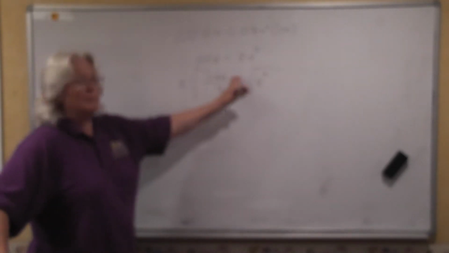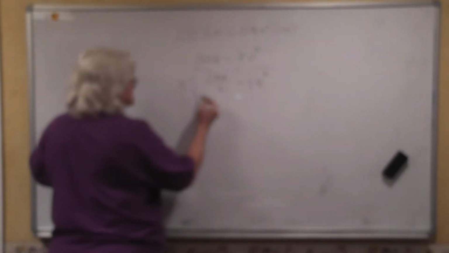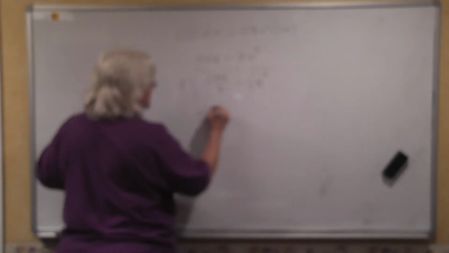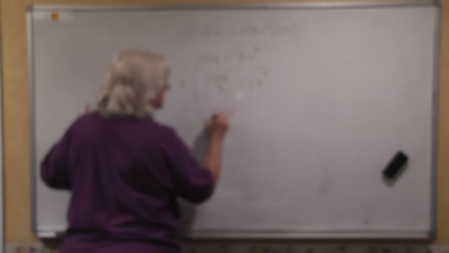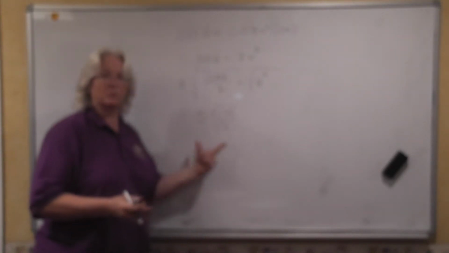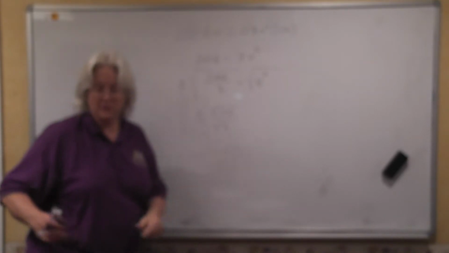Now this is really looking pretty messy. What do we remember? The square root of a quotient is the same as the quotient of the square roots. These two expressions here are equivalent, okay?